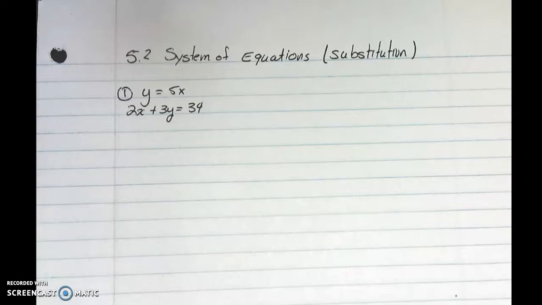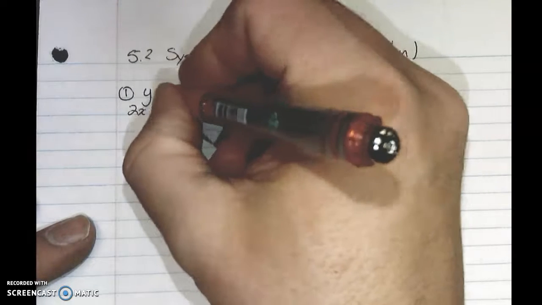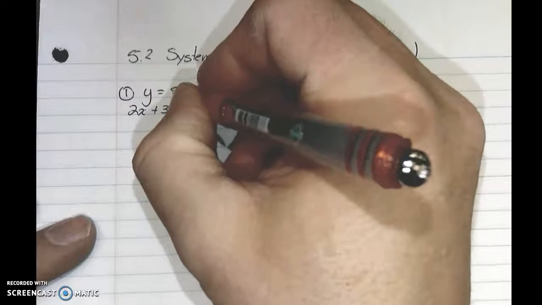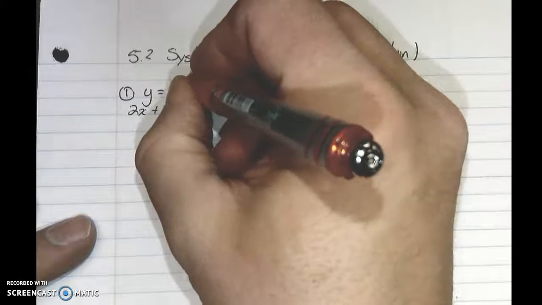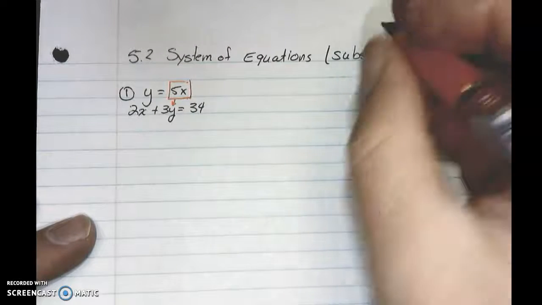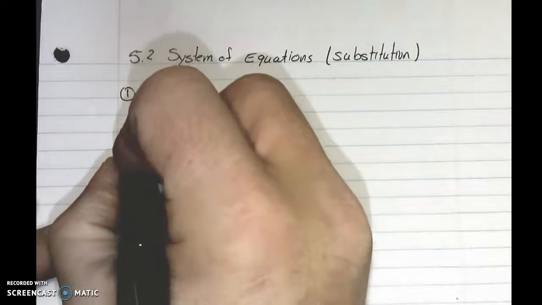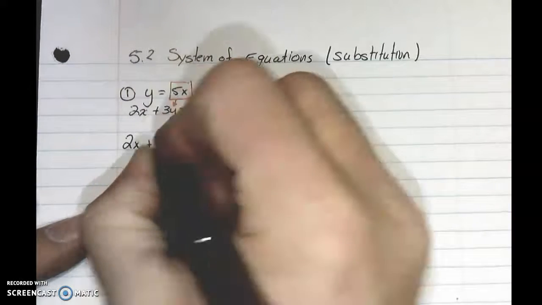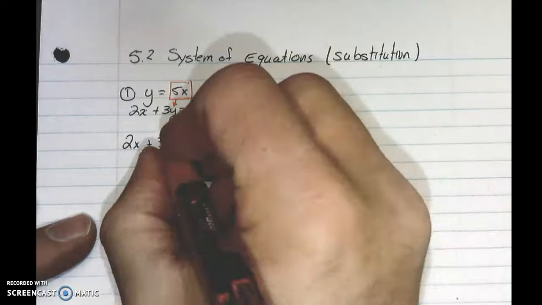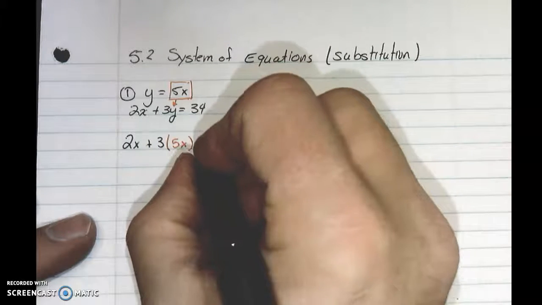So what we're going to do is take the equation that has y equals, so y equals this, all right? Then I can take this 5x and substitute it in for y, okay? So I'll come in here and say 2x plus 3, and then instead of writing that y, I'm going to write 5x, and then it's equal to 34.